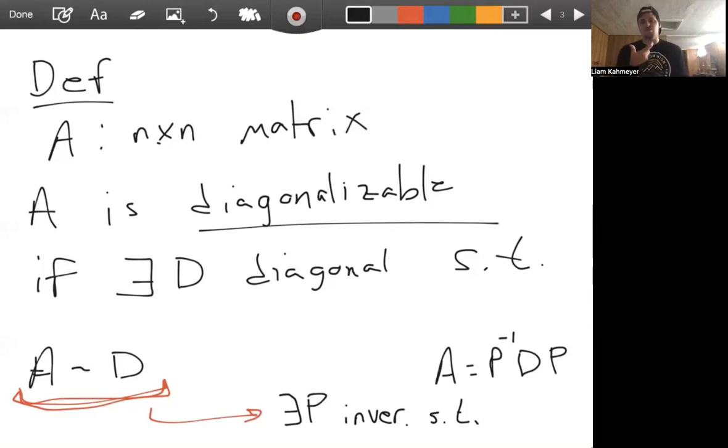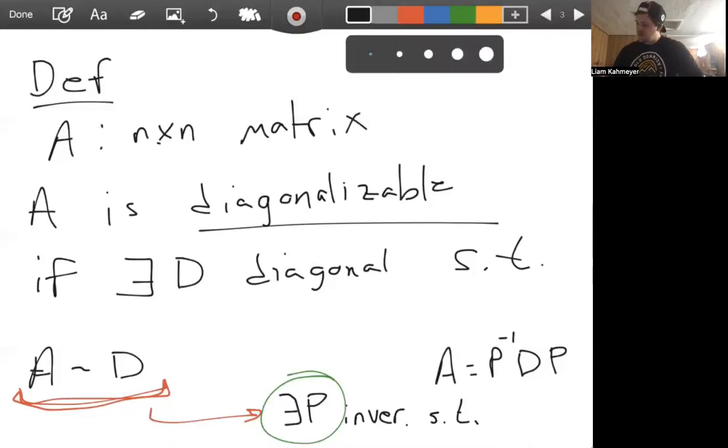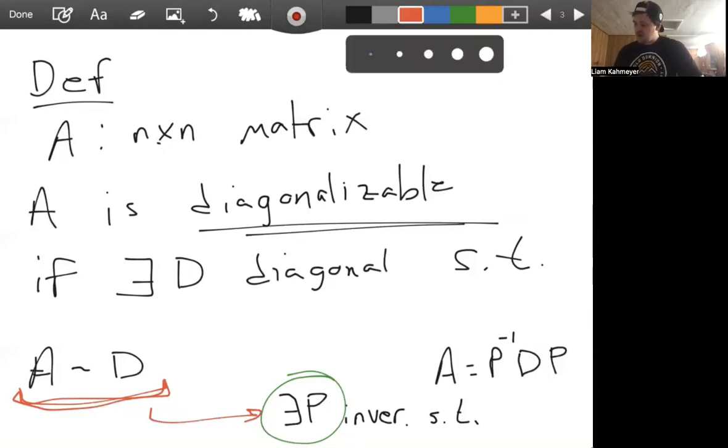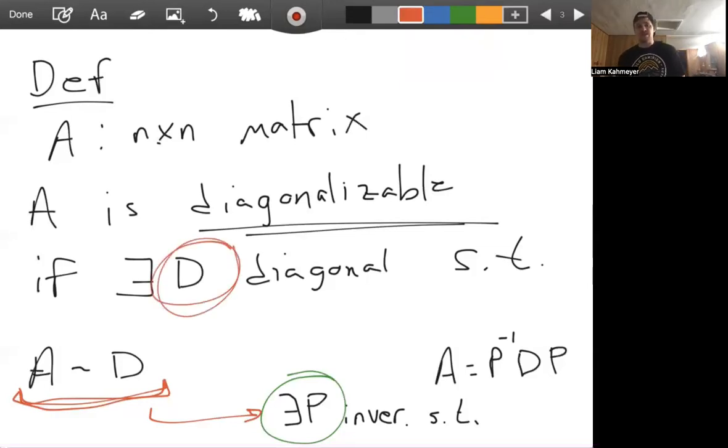Because when you're trying to show that two arbitrary matrices are similar, the difficulty is passed to finding whether you can find an invertible matrix P such that we have this relation here. And for diagonalizable, not only do we have to find the existence of this invertible matrix, we also have to find that it's specifically a diagonal matrix that this is similar to. So we have two things now that we have to prove the existence of.